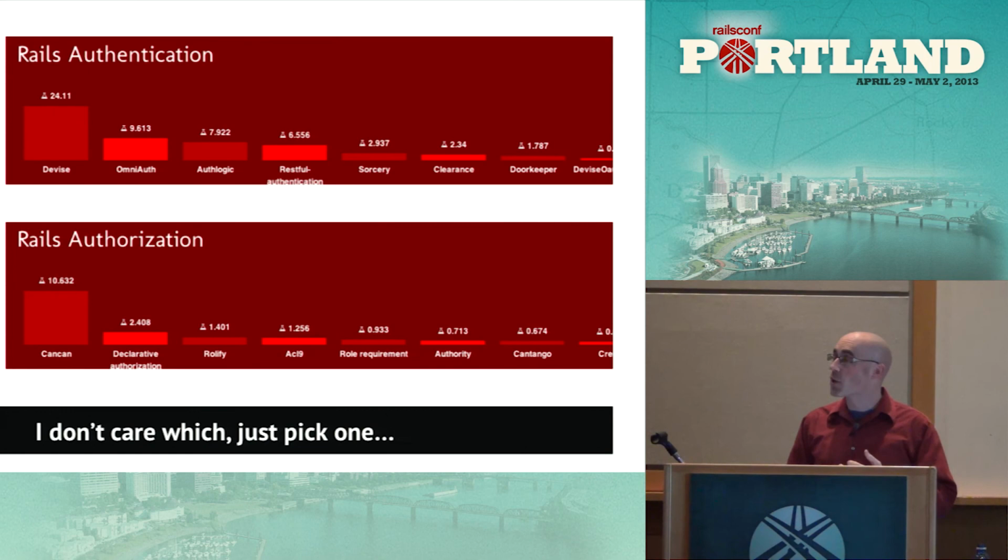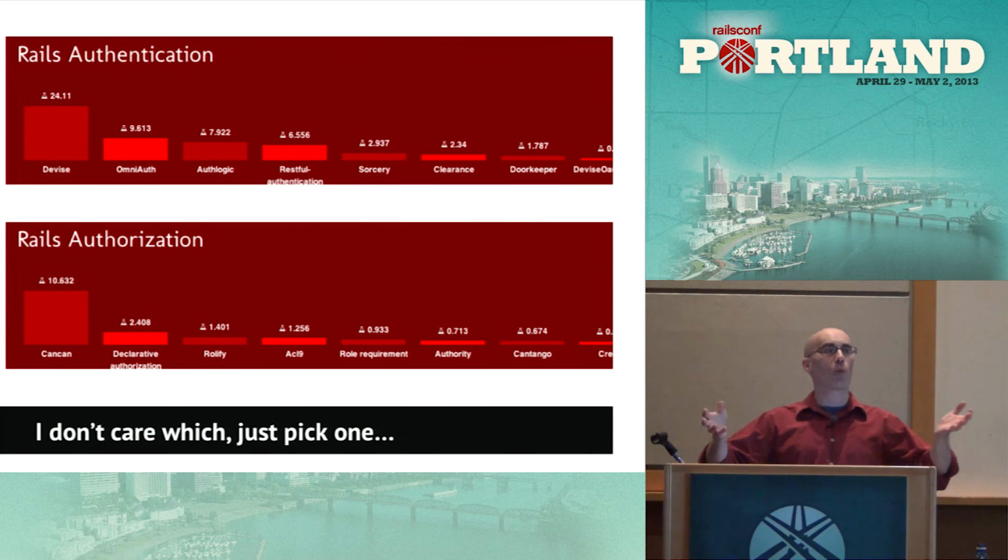These are screenshots from Ruby Toolbox, which is a site that tracks the popularity of various Ruby projects. I checked last week, and they list 15 authentication projects, which is 5 more than the last time I gave this talk last year, and 21 authorization projects, which is 4 more than the last time I gave this talk.